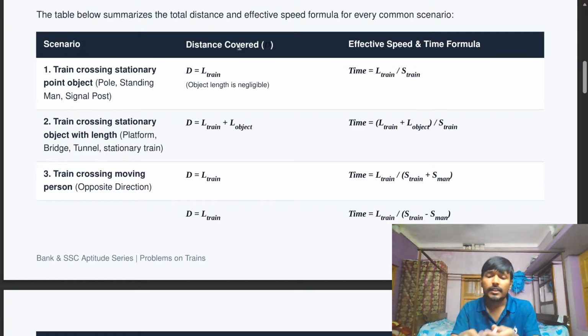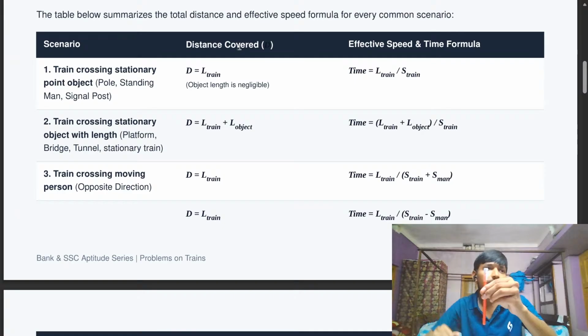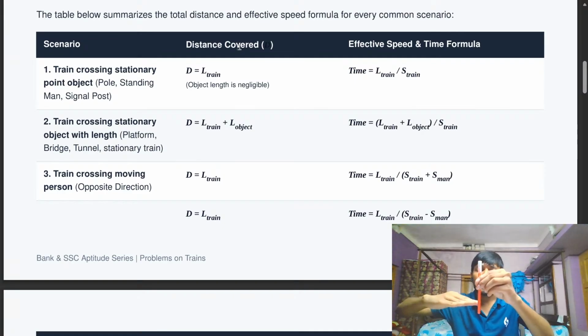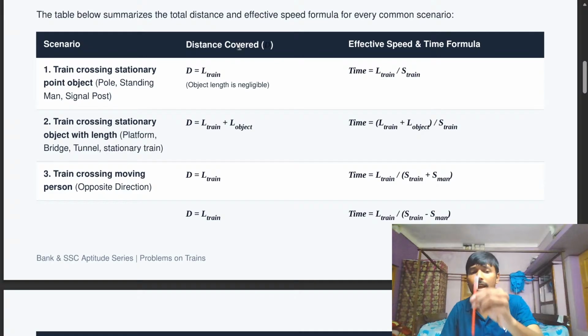If this is a pole and this is a train, so if the train is crossing this, okay, this is a stationary thing, like a pole, a man, it can be a single post.